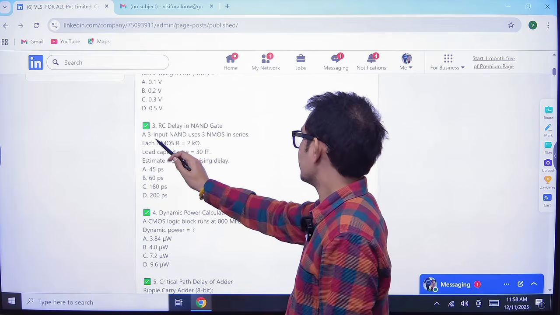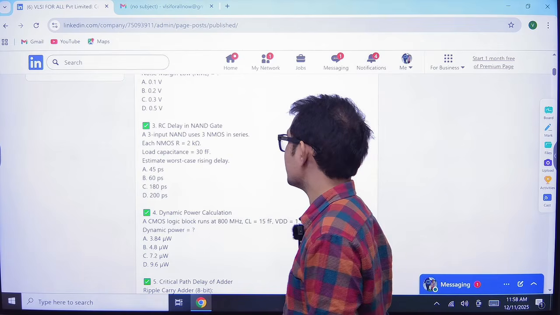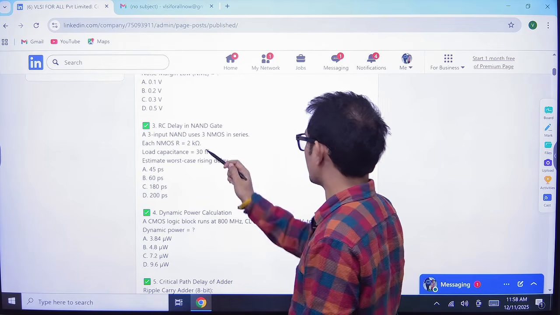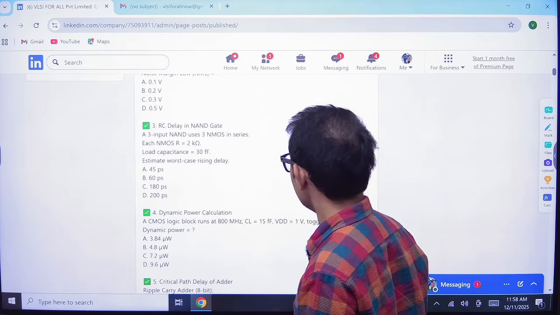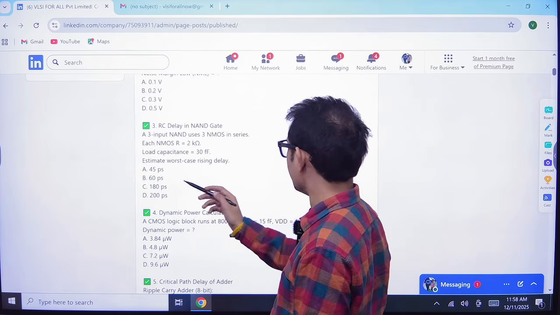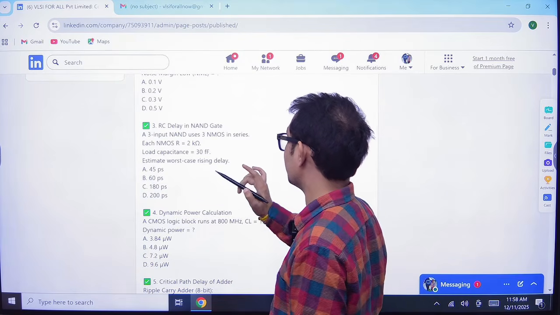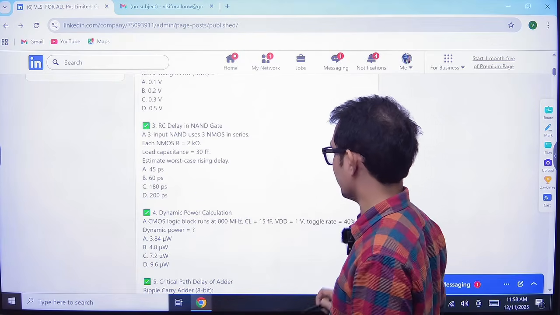We have the RC delay in AND gate concept. We have a 3 input AND gate with 3 NMOS in series. Each NMOS resistor is 2 kilo ohm. Load capacitor is 30. What is the estimated worst rise delay? We have to tell the worst rise delay here.